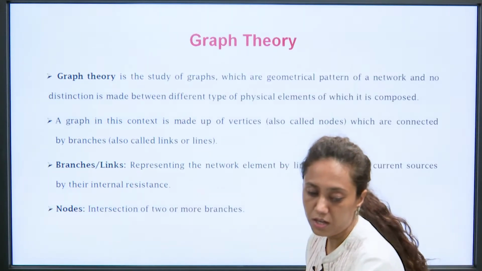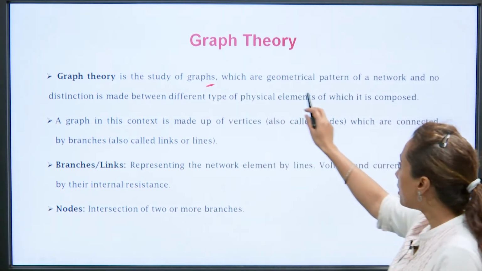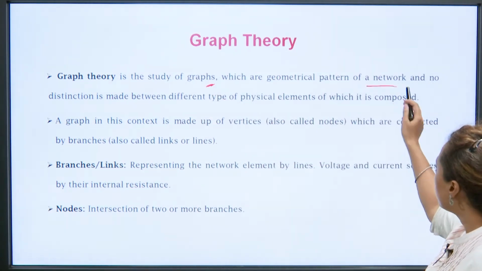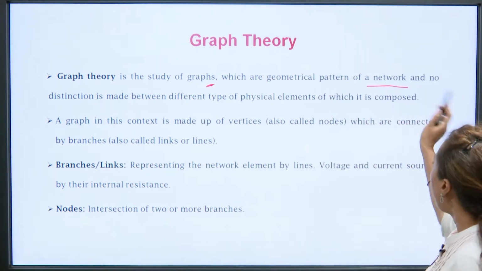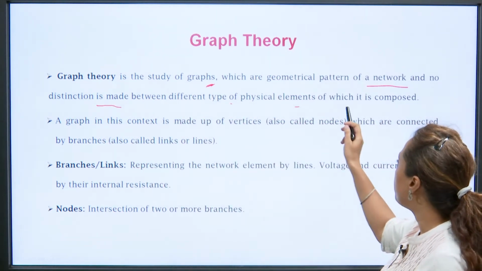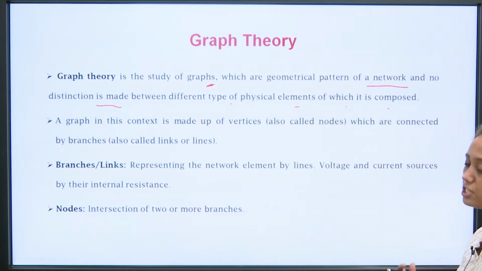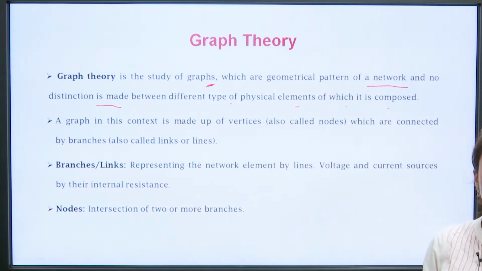Starting with graph theory, it is basically a study of graphs, which are geometrical patterns of a network, used for network analysis of your networks and circuits, and no distinction is made between the different types of physical elements of which it is composed. Basically, it is a geometrical pattern of a network and we can't distinguish which elements it is composed of, right.